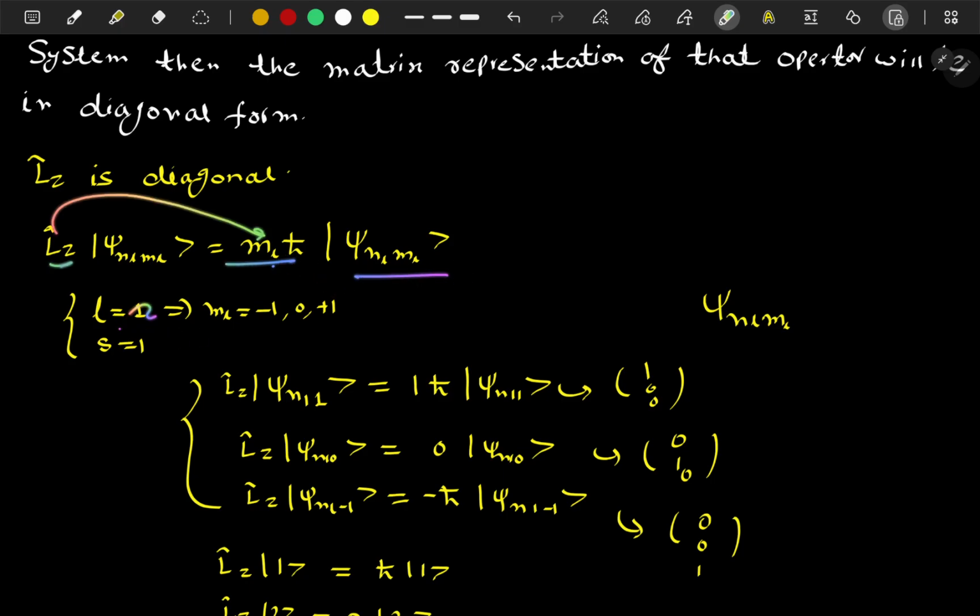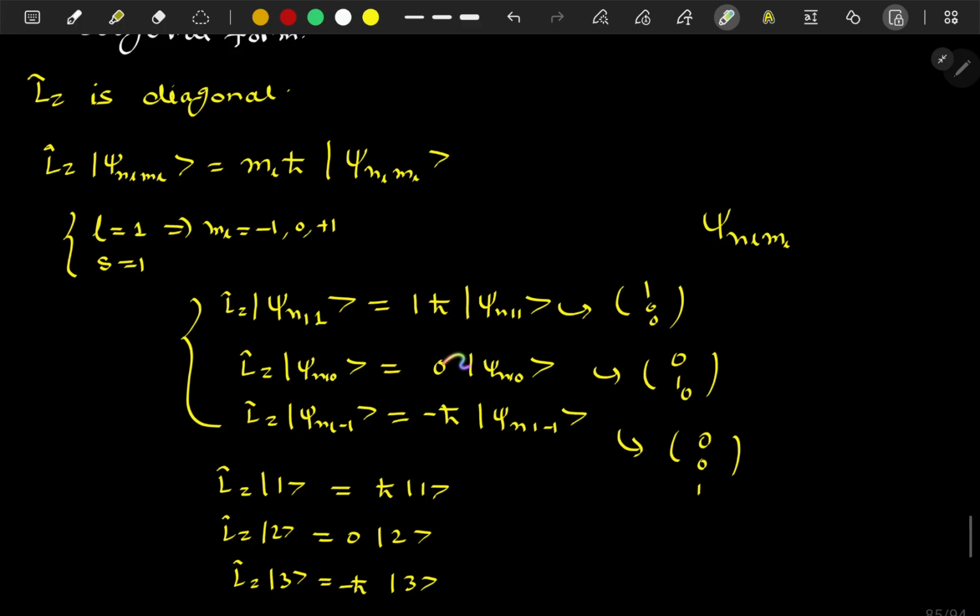So for l equal to 1, s equal to 1, we have calculated this. For l equal to 1, ml equals minus 1, 0 and 1. So just put minus 1, 0 and 1. And psi n l ml, n is fixed, so for l equal to 1, ml equals 1, 0 and minus 1.